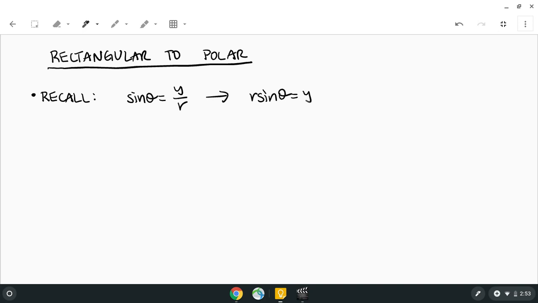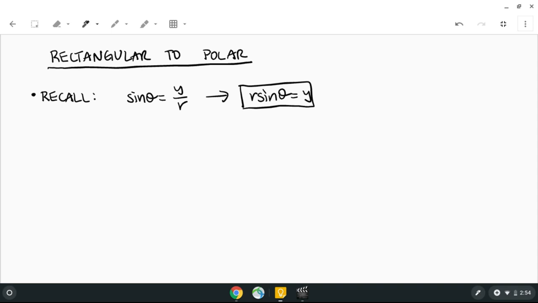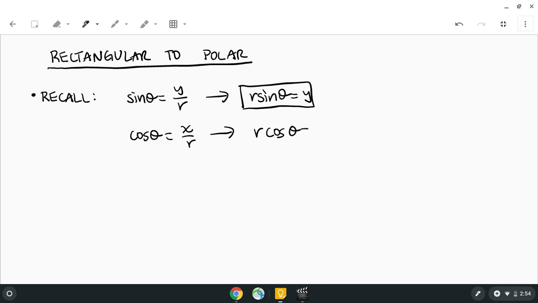So this is going to be one that we're going to be using. Same thing with cosine theta. Cosine theta is x over r. And if we solve for x, x is equal to r cosine theta. So this is going to be another one we're going to be using.